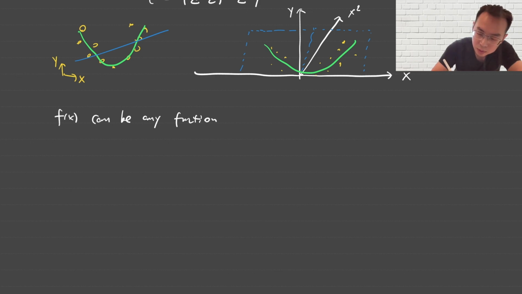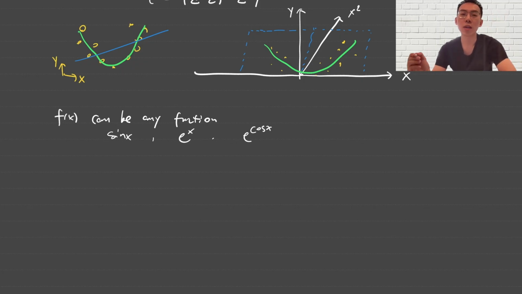You can do sine of x and e to the x or something like that, or just e to the cosine x. Basically any function you can expand into the feature space and then solve with linear regression. But that also brings out a limitation for this method: we need to specify f before feeding the data.